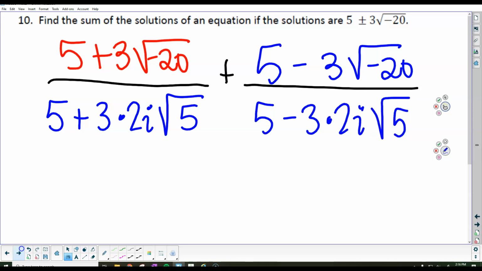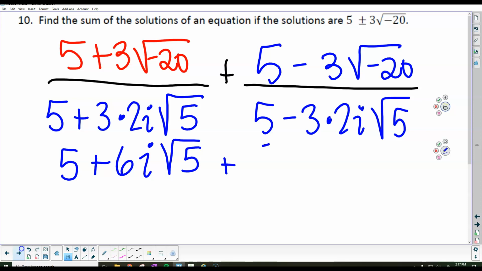Let's kind of clean this up a little bit. So it's going to be 5 plus 6i root 5. So I multiply the 3 times 2i because I can multiply real and imaginary together. I just cannot add them.